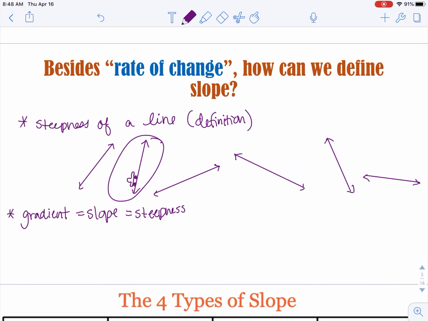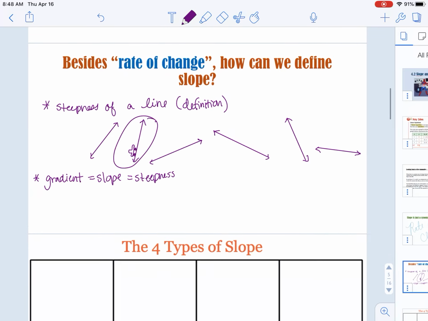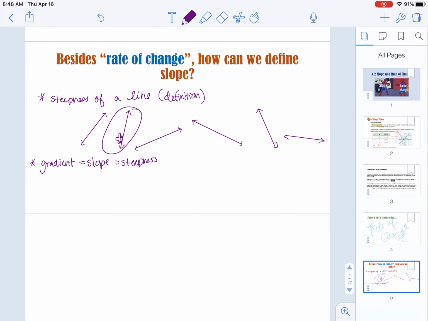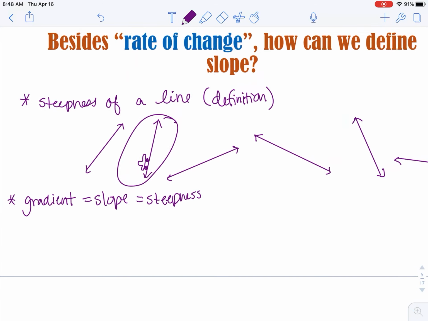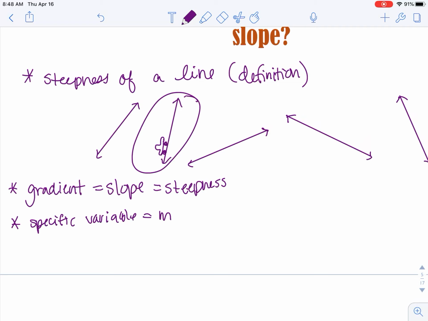All right. Now, let me add another page here because I'm going to run out of room. Another thing that slope has is its own variable. The math world, and I don't know where the math world came up with this, likes to say that slope is m.